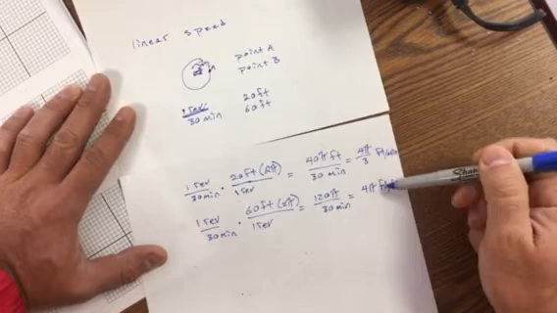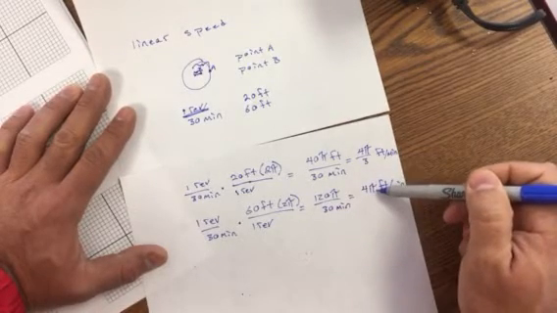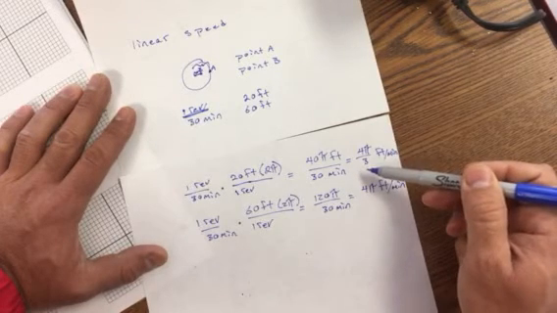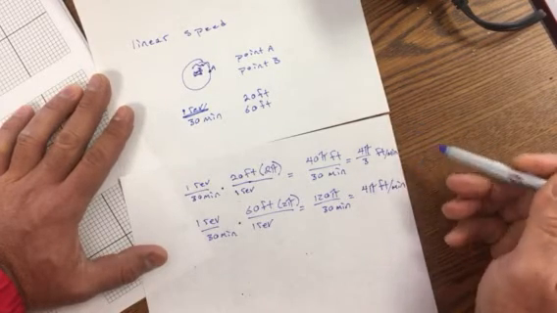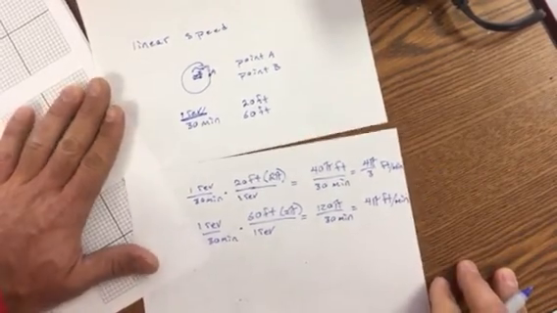So you can tell that this one on the outside, point A, traveled 3 times as far.